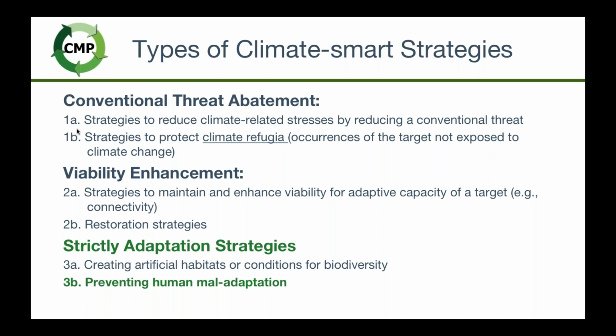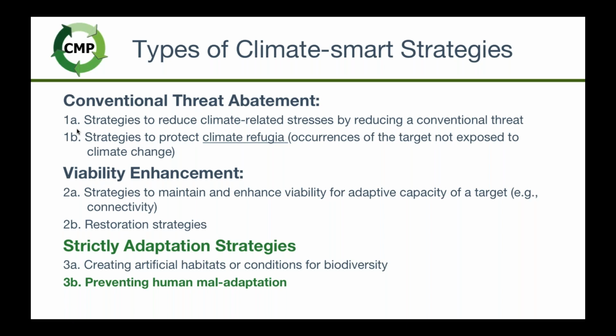One is looking at the categories. I don't know why, it might only happen in my head, but I somehow associate climate refugia with the viability of an ecosystem. So a bit like you would associate the connectivity of an ecosystem with viability.